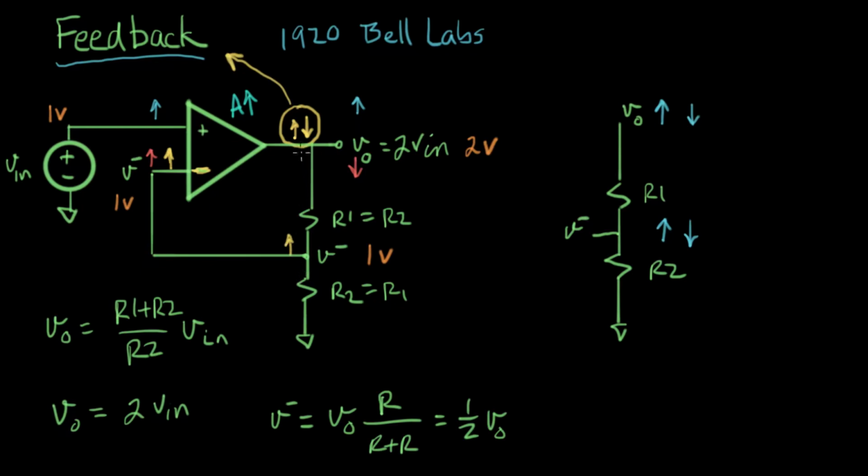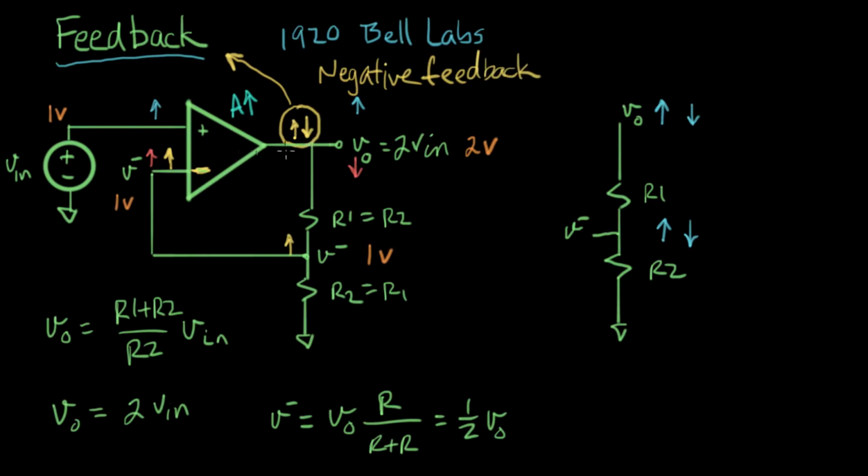You get this feedback effect when this connection is made right here back to the inverting input to the op amp. And in particular, because it's the inverting input, this is called negative feedback. So this is the mechanism of feedback, in particular negative feedback.